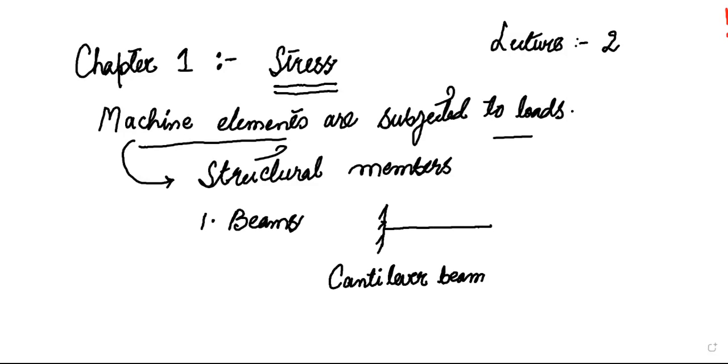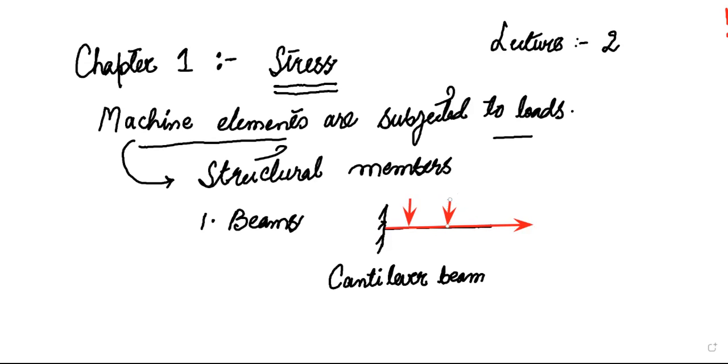Like other beams, this cantilever beam is subjected to loads in a direction perpendicular to its axis. This is the axis of the beam, but the loads on the beam will be in this direction.